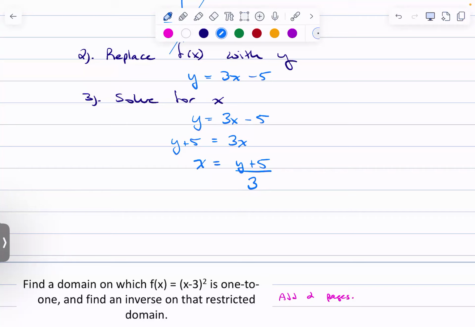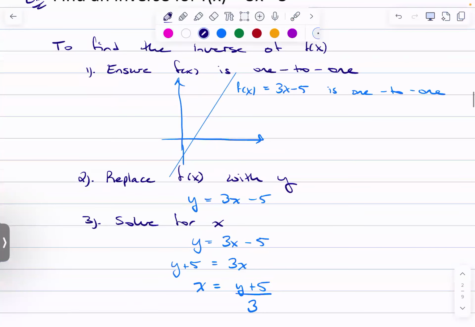Here's where it gets a little bit boggy, because now your input is your y, right? And your output is your x. But remember, we still use x as a generic input and y as a generic output, even for the inverse. And so you're going to rewrite x as y and y as x. If you've solved for the inverse in the past, then potentially you swapped them up here, right?